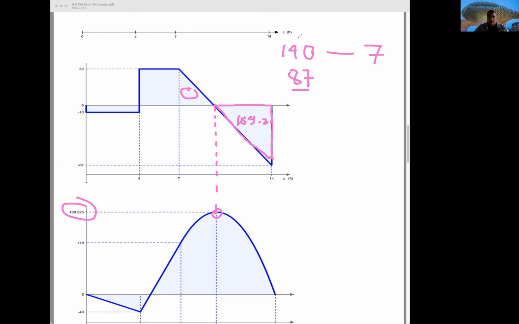The proportion is the same, but I can calculate with the calculator. It will be 87 multiplied by 7 divided by 140, and this is 4.35. If you don't have a calculator, you just calculate in your mind.